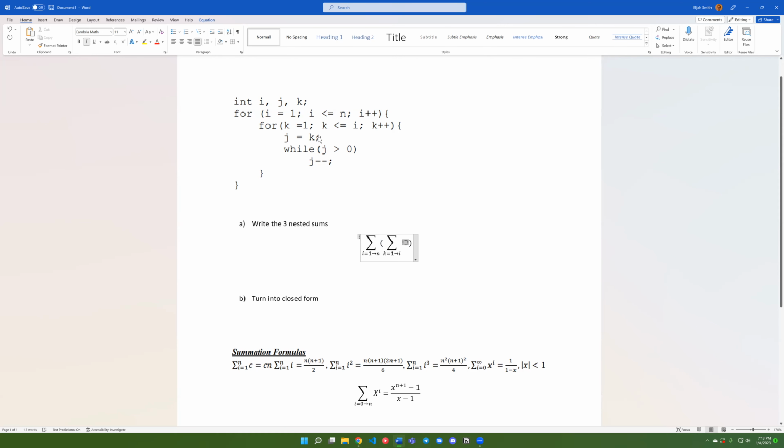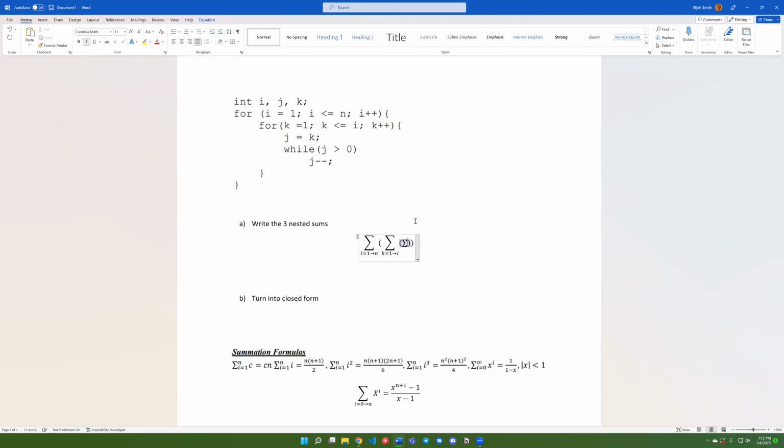This part in here essentially just runs K times. It sets a variable equal to K, and then it subtracts away until it gets to 1. Once it goes below 1, then it doesn't run again. So this runs from 1 to K. And we could just put a K in here. That's what it simplifies to. But because it wants 3 nested sums, we're going to go ahead and write out that summation anyway.